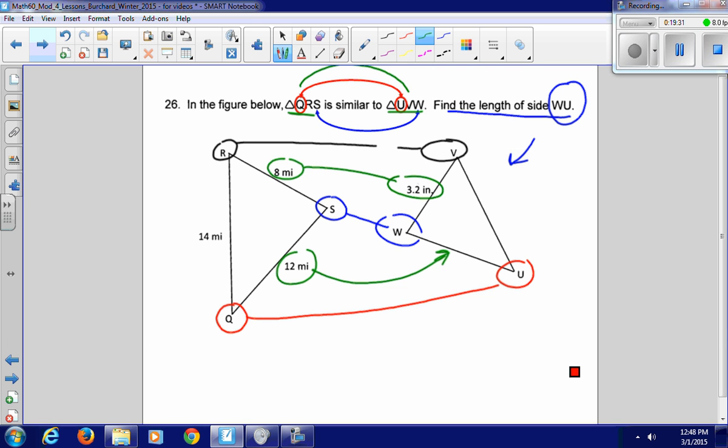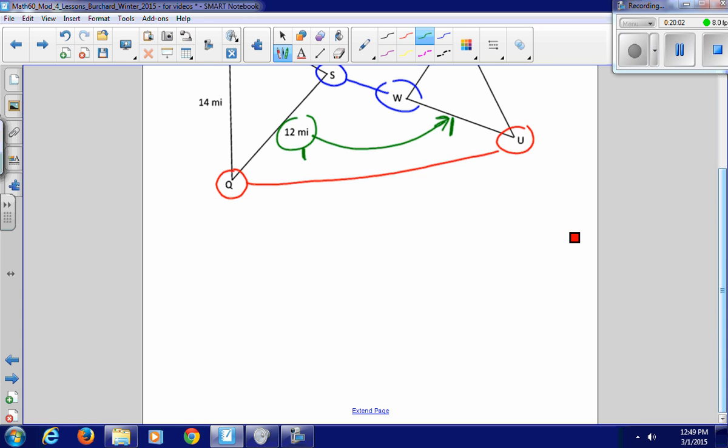And that's the crucial thing, because remember, when we set up our proportion, we won't be able to get anywhere unless we have two sides that we know correspond with each other, and that we know both of the lengths. So this one goes with this one, so that's our first ratio, and then this one goes with this one, makes our second ratio, and that's how we're going to end up solving for it.